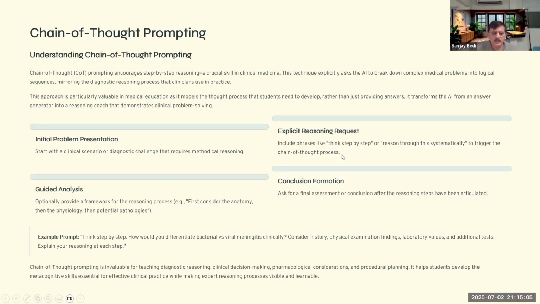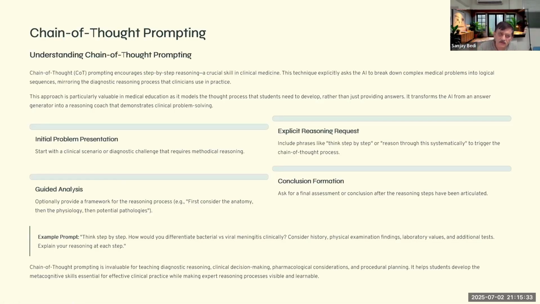Quite often we write the chain of thought process, and then we provide a framework for the reasoning process. First consider the anatomy, physiology, etc., and then maybe think of what could have triggered it, and ultimately ask for the final assessment or conclusion after the reasoning process has been articulated.